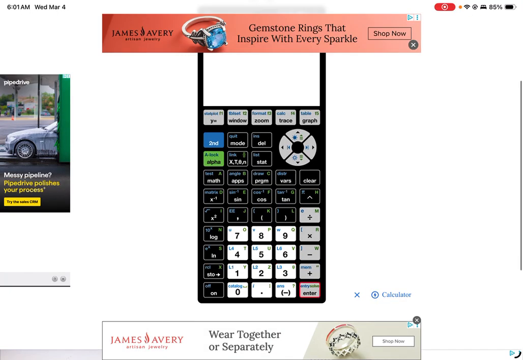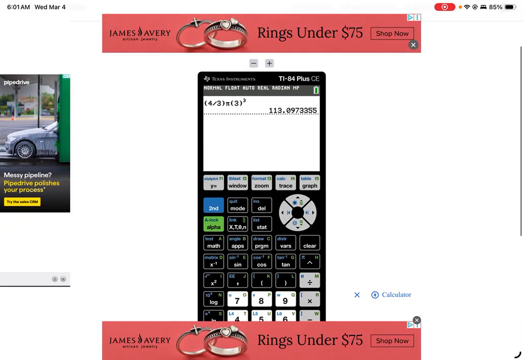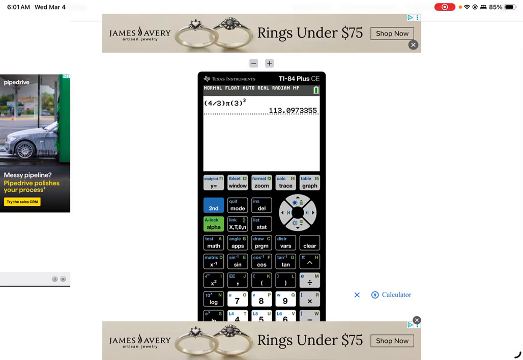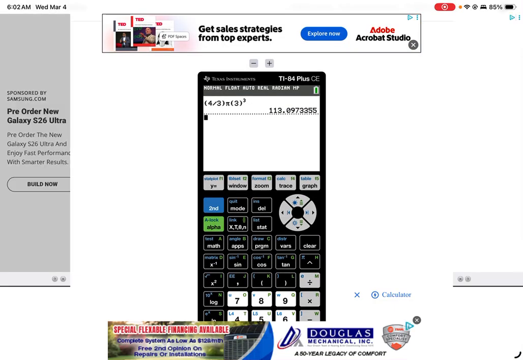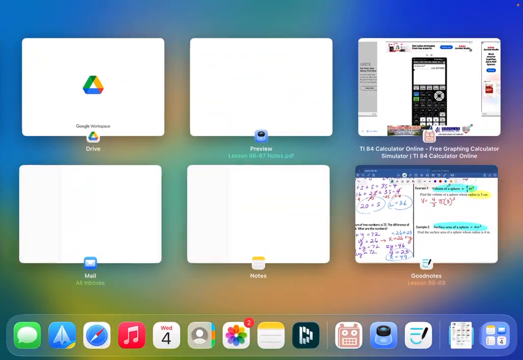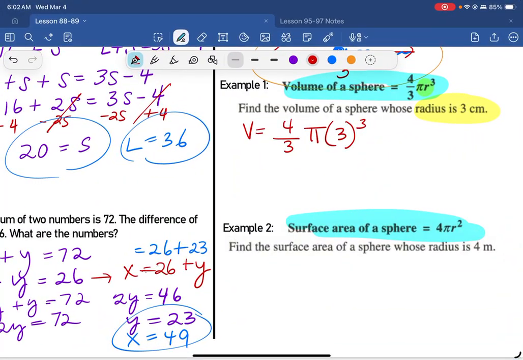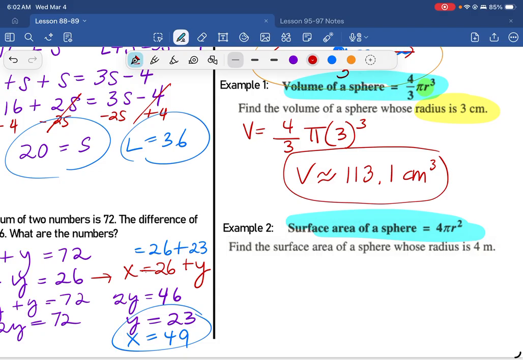And then we're going to hit enter, and our answer is 113.1 because I'm rounding. So volume is approximately 113.1. Remember to label in cubic centimeters since it's volume.